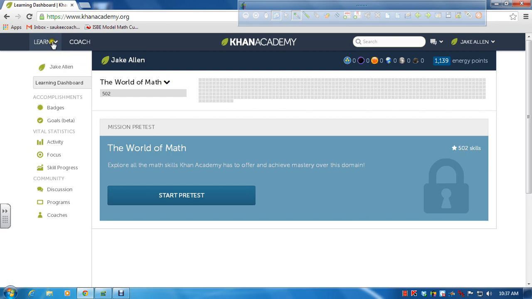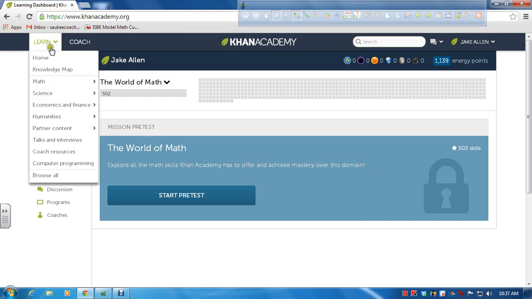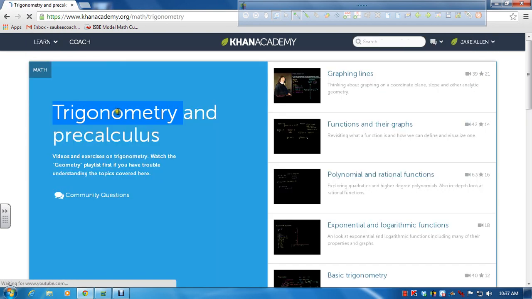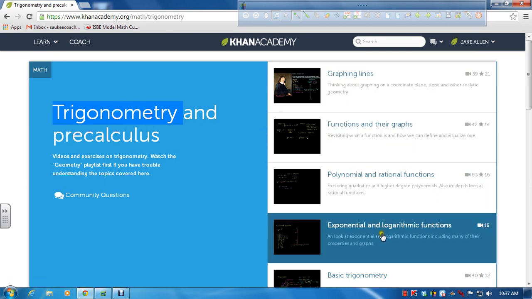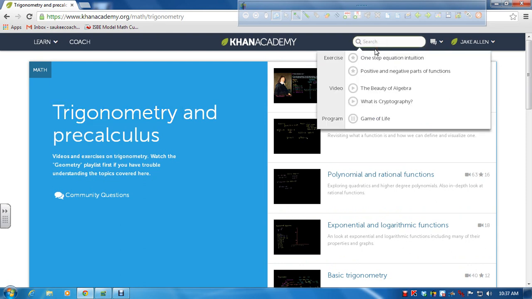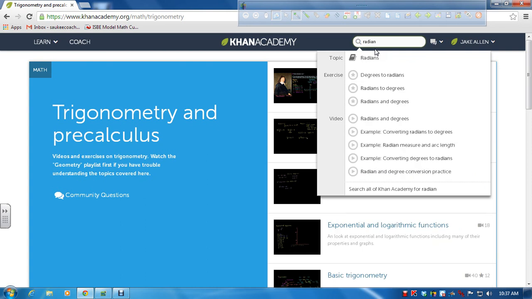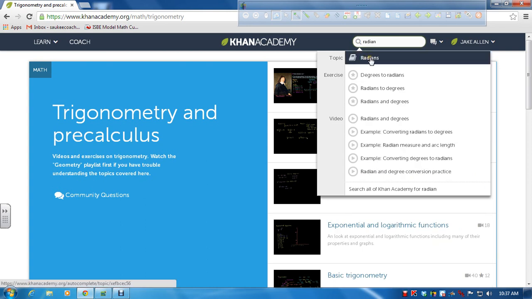So what I usually go to is the Learn tab right here, and Math, obviously, and oh, looky there, Trigonometry. So that's great that we've got that. And it'll go through some basic trig lessons here. I always go into that search right there, and I'm going to type in Radian. And you'll notice that here is a topic.